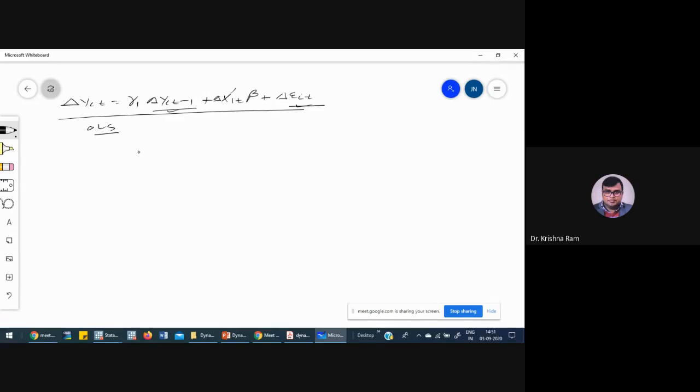The one solution, provided by Anderson and Hsiao, is to use an instrument variable, and they suggested using YIT minus 2, or the change in YIT minus 2, as an instrument for the variable, the change in YIT minus 1.